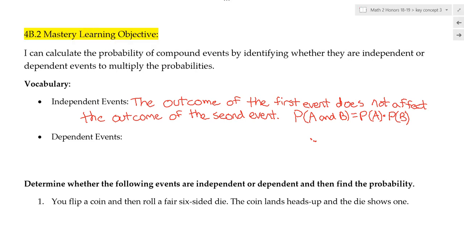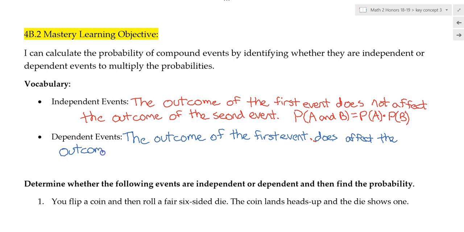Then we have dependent events, and it's just the opposite. The outcome of the first event does affect the outcomes of the second, and this one is a little bit different.